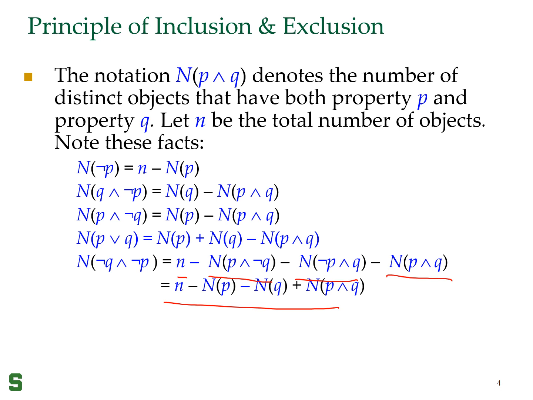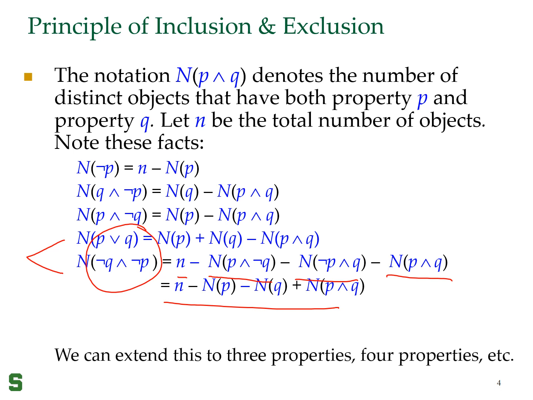Note that if you look at these two things, the total number of objects is n, and that's expected because the formulas in here are negations of each other. We can extend this to 3 properties, 4 properties, and so on and so forth.